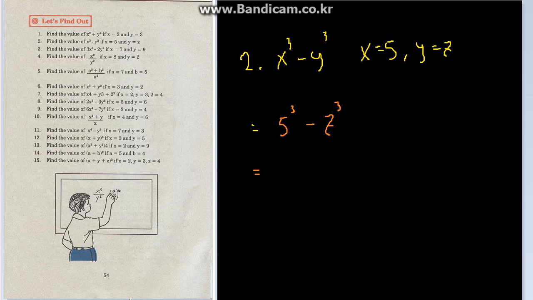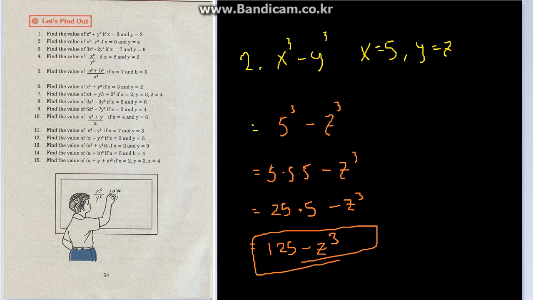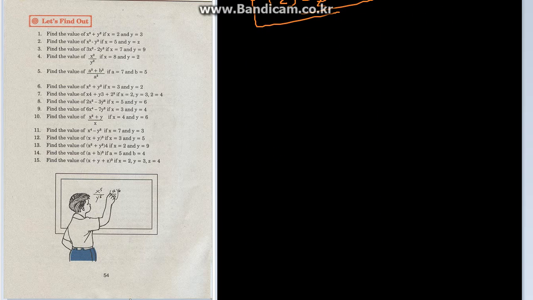And 5 to the third power is 5 times 5 times 5, right, minus z cubed. 5 times 5 is 25, times 5... 5 times 25 is 125 minus z cubed, and that's the answer. Okay, next one.